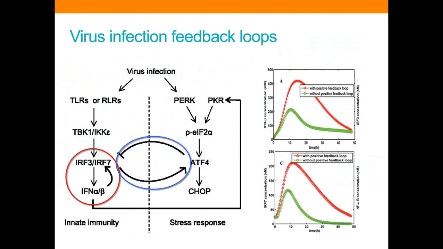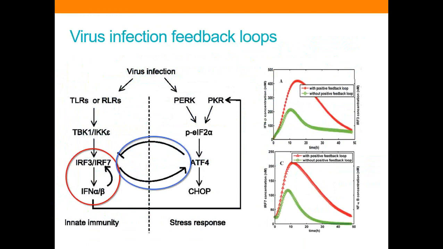If you look over at the right, where you see the green and red curves, the green curve on the top is showing you what concentrations you have within the cells of interferon beta without the positive feedback mechanism. But when the feedback mechanism is working, look at the amplification you get.